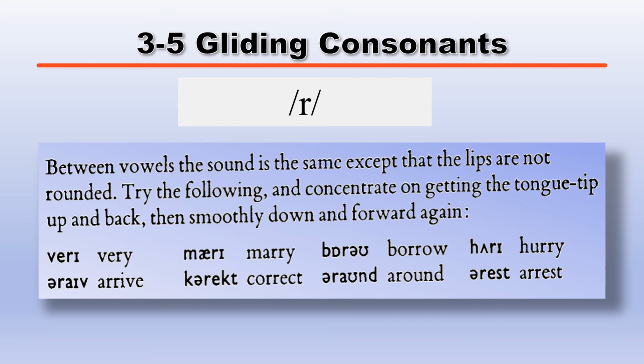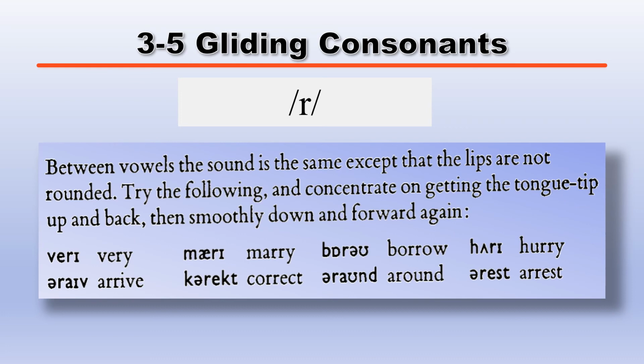Okay, try the following and concentrate. You know what is concentrate? ركز. Concentrate on getting the tongue tip up and back. This is the first phase, الطور الأول. You see? The tongue tip, we get it up and back, from there.